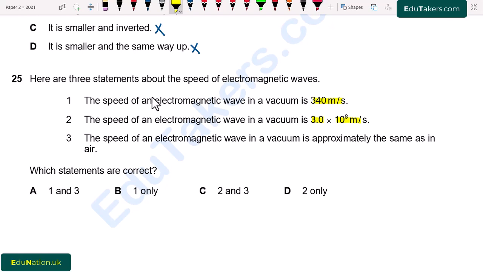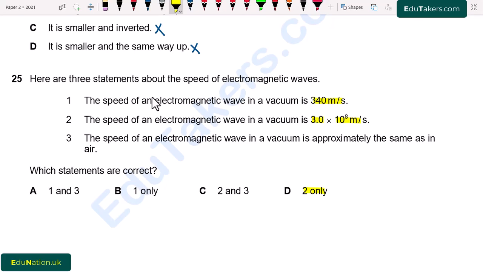The speed of an electromagnetic wave in vacuum is approximately the same as in air. We have to answer which statement is correct. MCQs: A, 1 and 3. B, 1 only. C, 2 and 3. And D, 2 only.